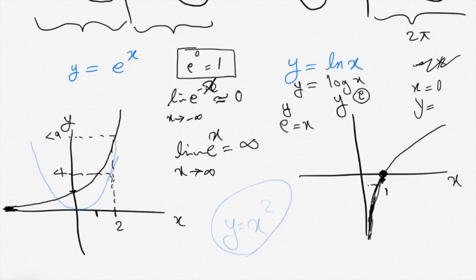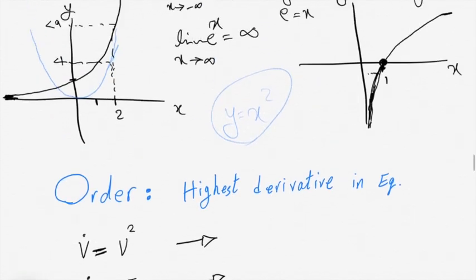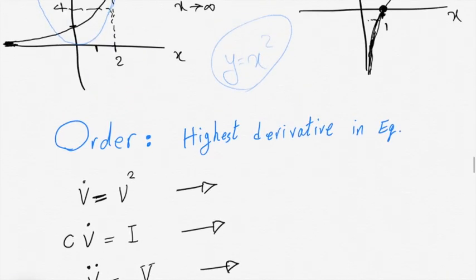And so you will see something like this. This is also going to infinity, but with a very slow slope.